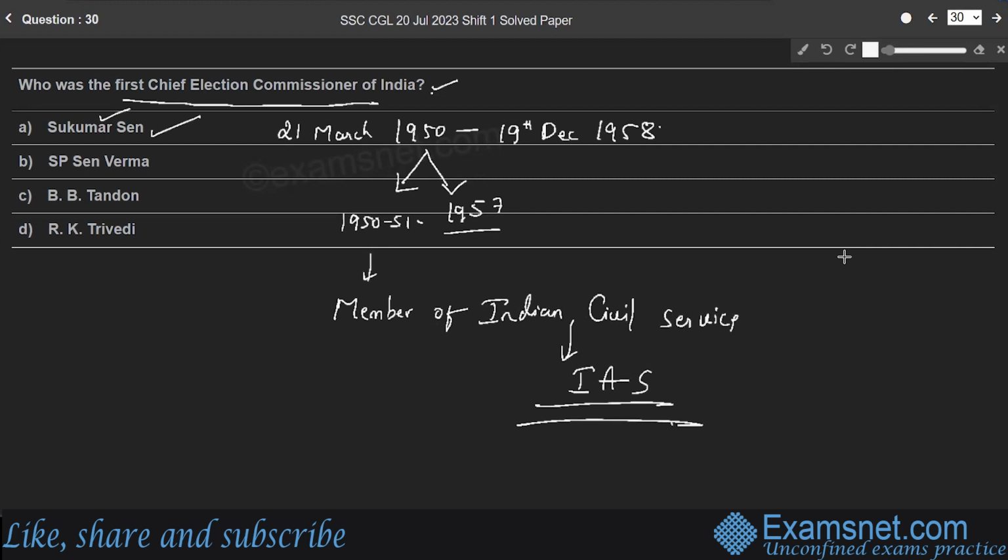The present CEC, Chief Election Commissioner of India, is Rajiv Kumar. For the given question, the first Chief Election Commissioner of India was Sukumar Sen, option A.